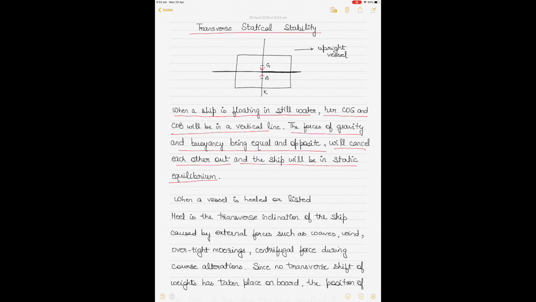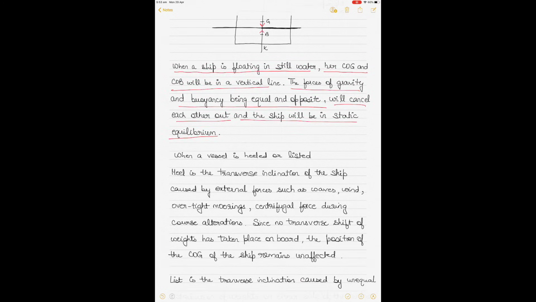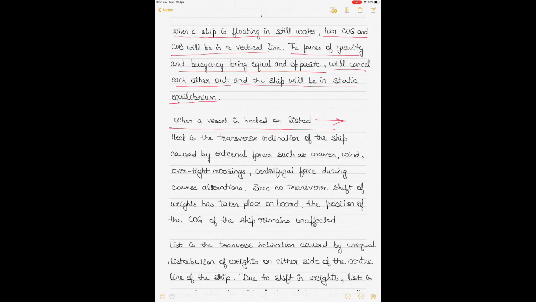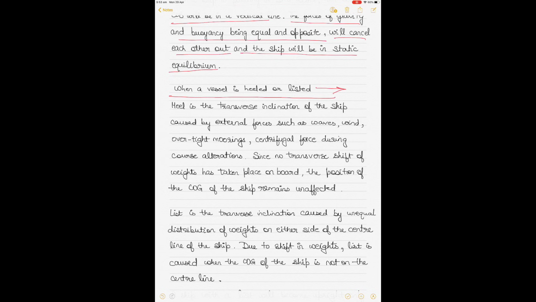So in this state, the ship is upright, there are no forces listing or heeling it, and the forces of gravity and buoyancy are equal and opposite, and they cancel each other out. However, when a vessel is heeled or listed, what happens then? To know the difference between heeling and listing: heel is the transverse inclination of the ship, which is caused by external forces such as waves, wind, over-tight moorings, centrifugal force during course alterations, etc. So it is caused more by natural conditions and conditions other than cargo.